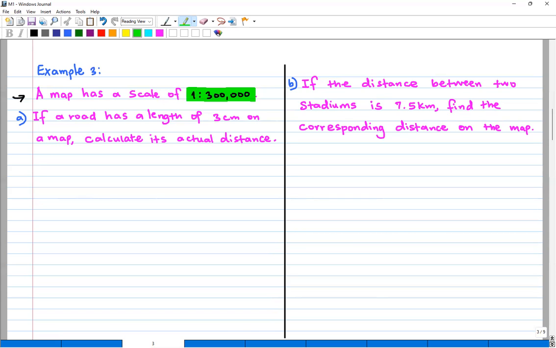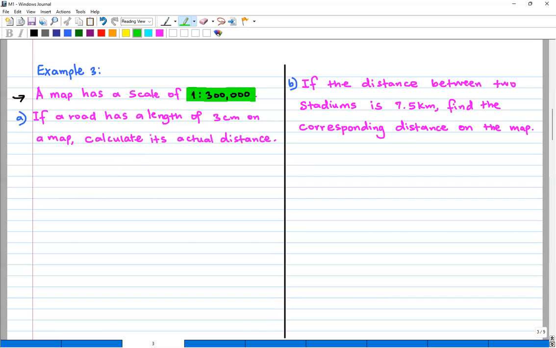But this scale tells us that it will be 300,000 centimeters. So that is our scale. On a map, the scale is 1 to 300,000. If a road has a length of 3 centimeters on a map, what will be the actual distance? This is the question that we need to answer.